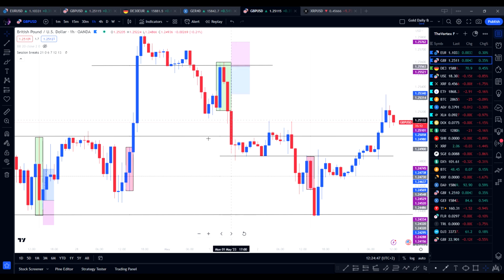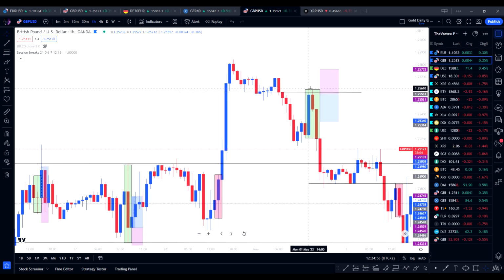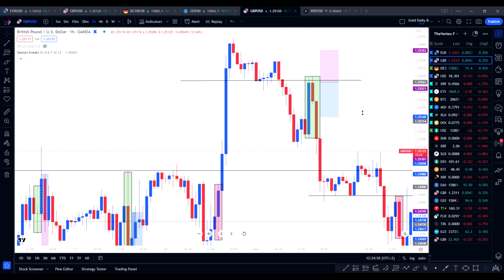You can start incorporating support and resistance zones. Important, right? You can start seeing where the candle falls. For example, Monday the 1st of May, this candle opened at a perfect retest of this price structure right here. Perfect retest.